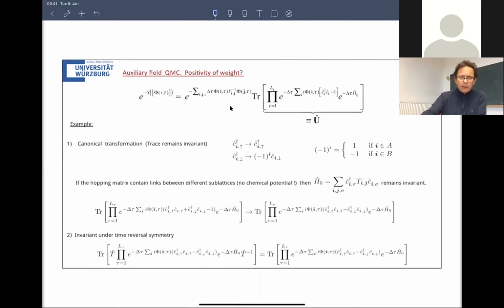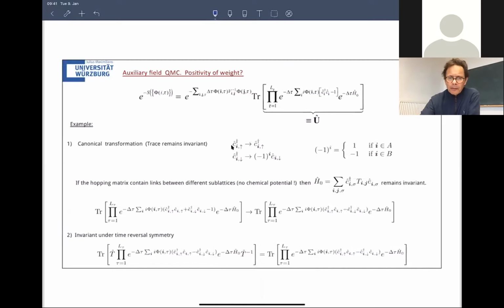The easiest way to do it is going in two steps, right? The first step is I'll do a canonical transformation, which is a partial particle-hole symmetry. And that's where the question of bipartite comes into play.